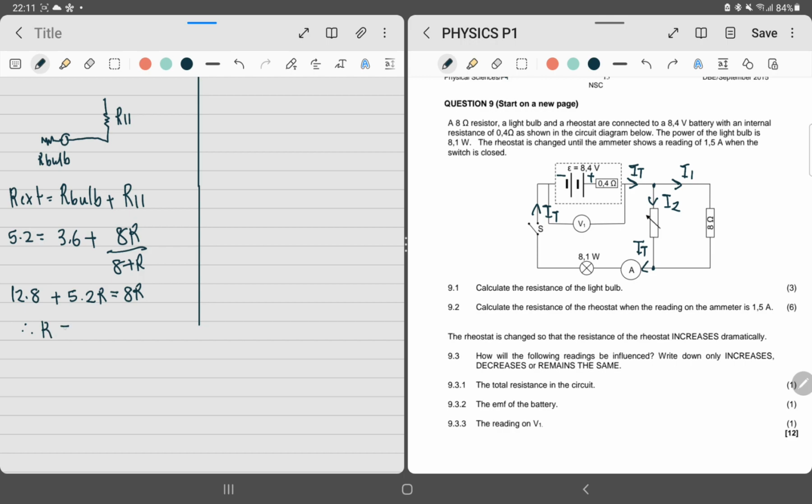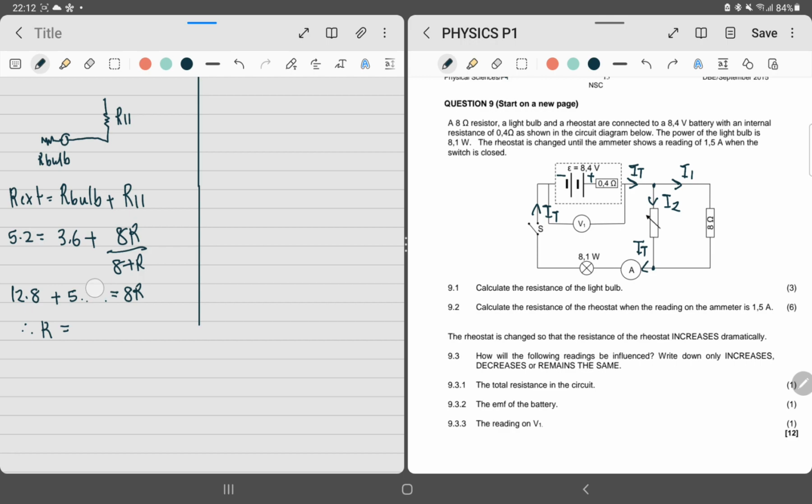Therefore, it should be equal to, so this is 5.2 minus 3.6, which is 1.6. 1.6 times 8, 12.8.